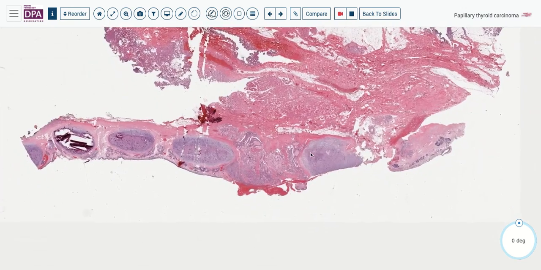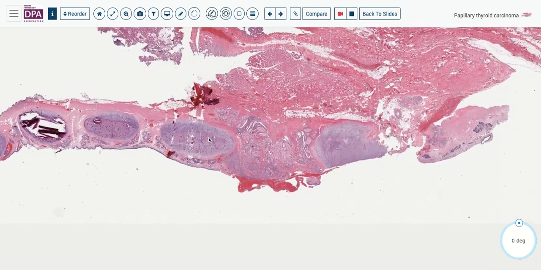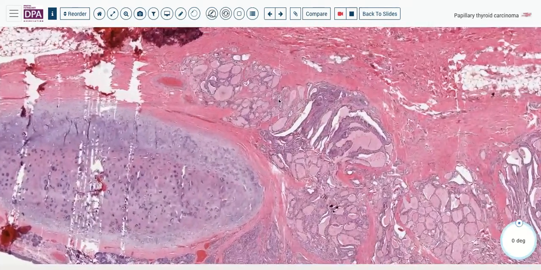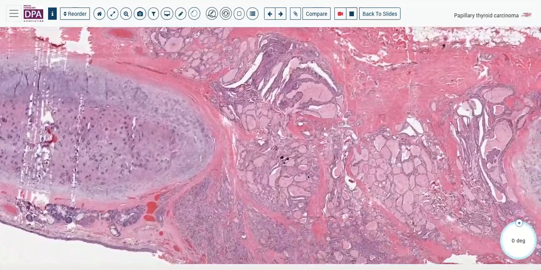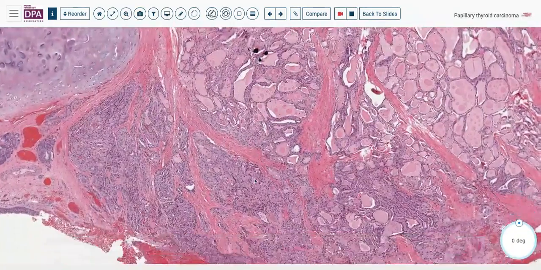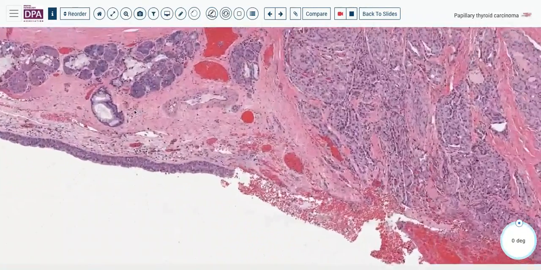Here's another feature, clearly a malignant case. And in this situation, we're just showing you a portion of that with several tracheal cartilages. And we can see that here the tumor is actually penetrating between some of these cartilages and into the tracheal tissues.